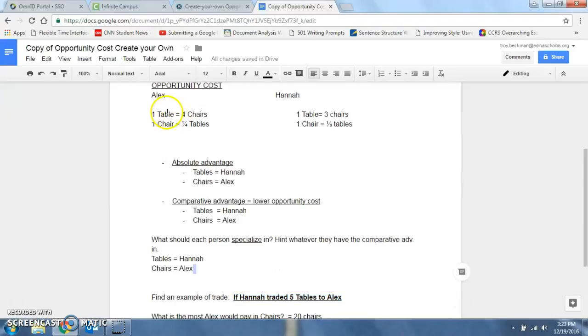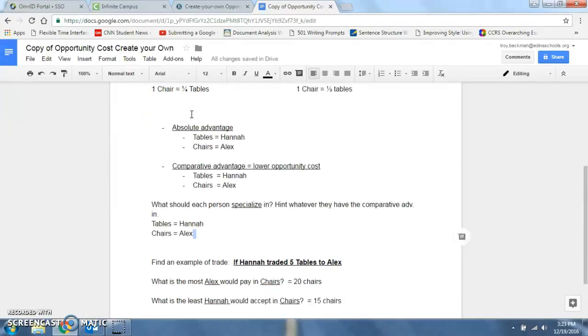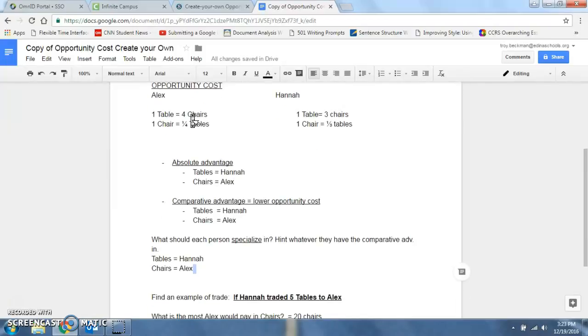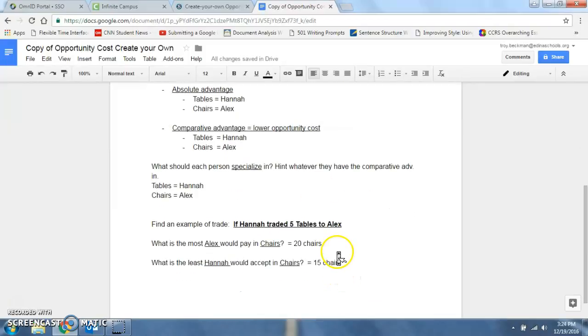You immediately look at the opportunity cost and go, okay, for every table, he can make 4 chairs. There are 5 being traded, so what's the most that he could even produce and give to her? 5 times 4. Same goes for Hannah. What does she need in return? If she's giving away 5, she needs at least 5 times 3, or 15 chairs. So anywhere in between these two numbers, 15 and 20, would be a fair trade for both of them.